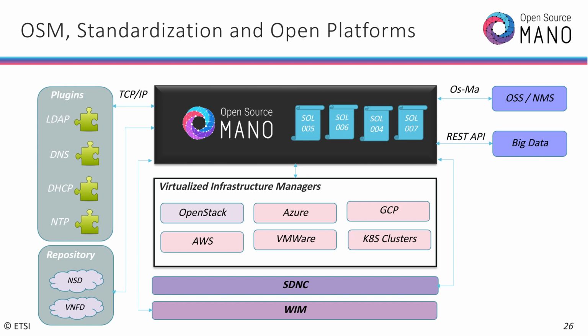plugin connectivity for LDAP, DNS, NTP, DHCP, APIs to pull the data out, the metric data that we collect. It could be the infrastructure data, it could be the service data, right? Or on the assurance part, we can collect the data, set policies, or pull the data out to a big data platform outside for high-level correlation and data analytics, as well as connecting to a variety of NFVIs, Azure, GCP.